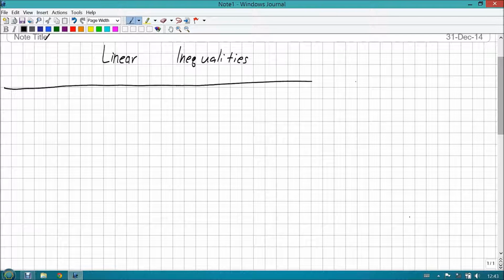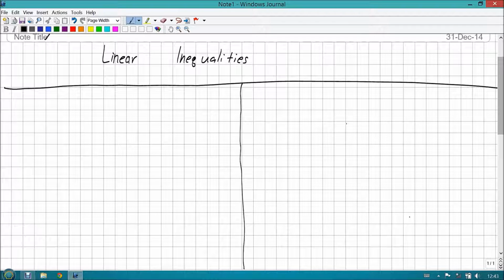Well, the first thing we have to ask ourselves is, what is a linear inequality? Well, linear means line, and inequality means that there are two things that are set not equal to each other. And the way we set things that are not equal to each other is with greater than, less than, greater than or equal to, or less than or equal to signs.